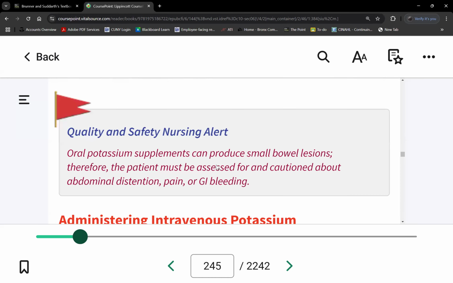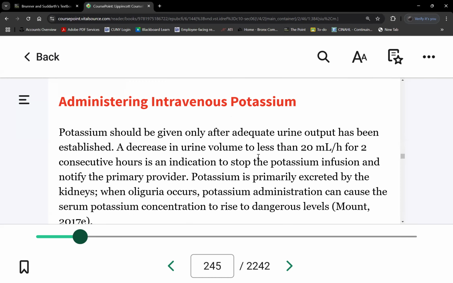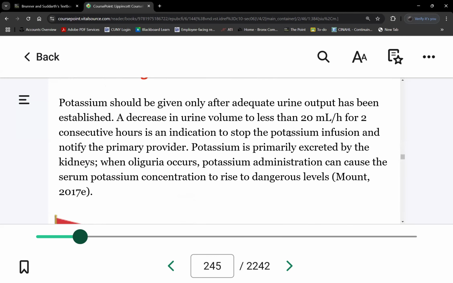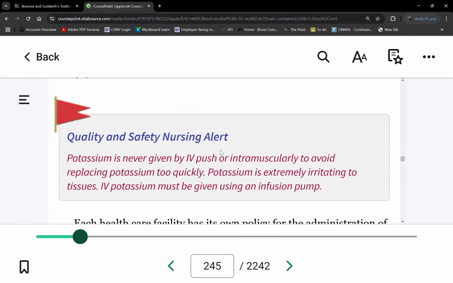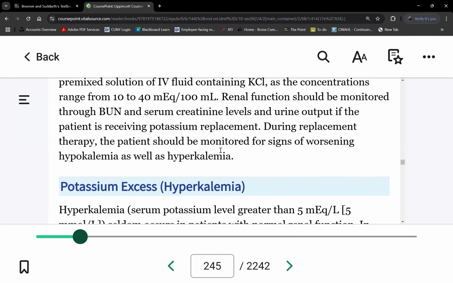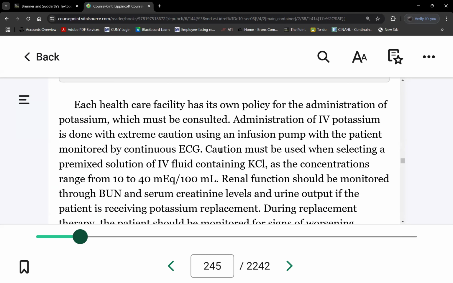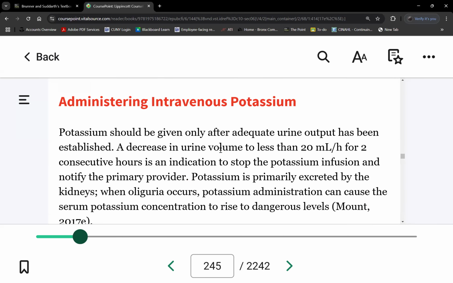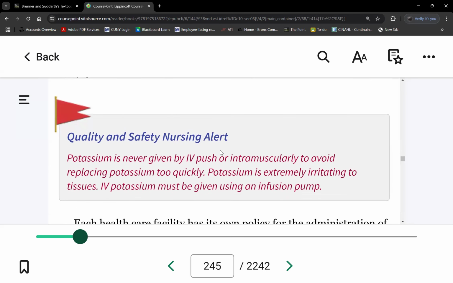So the limit under IV potassium, the maximum you'll give according to the textbook, is 20 milliequivalents per hour. It's somewhere here. But in my years of nursing, I've never seen an order of 20 per hour. It's always 10.